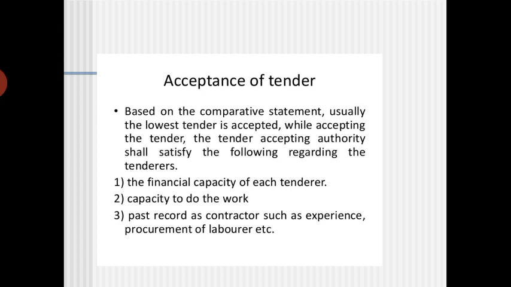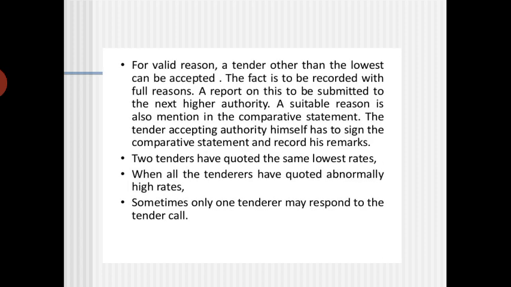Sometimes even if he quotes the lowest quotation, if he is unable to bring the contractor, then there is no provision to accept the tender, and it will be rejected for that person. Whenever you are rejecting the lowest quotation, make sure you give solid reasons.